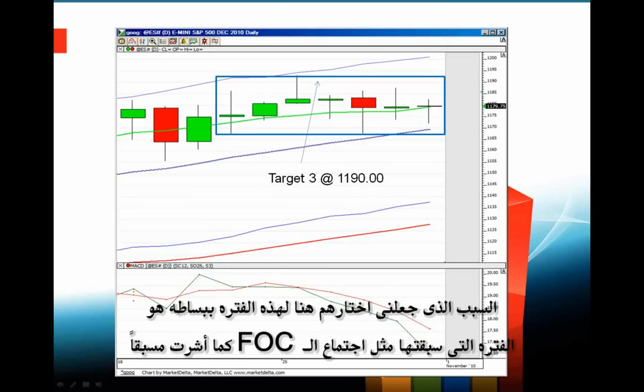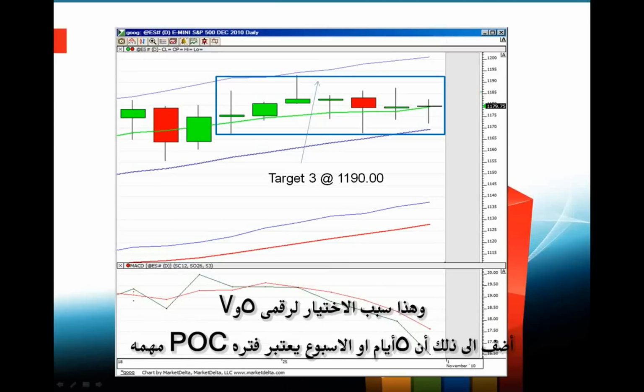The reason that I happen to have picked them for this particular analysis and this particular session is because of the period that I was looking at, which was the period before the FOMC meeting and so on. So that explains the number 7 and the 5.